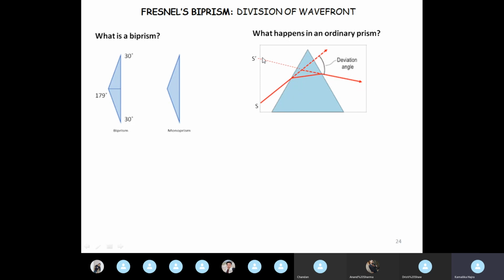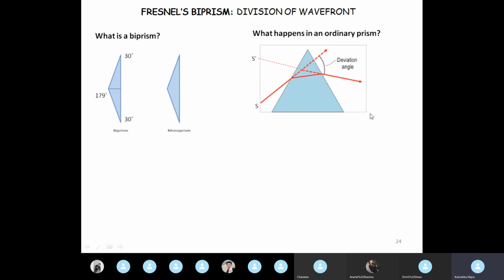And if you take this ray backwards, you will see that it sort of comes from a virtual source S prime. Okay, and this is the angle of deviation. This is what a monoprism, a single ordinary prism, does, and we use it for separating the different colors of light, because it deviates the different colors by different angles. If the incident ray is white, then on the emergent side we get the different colors.